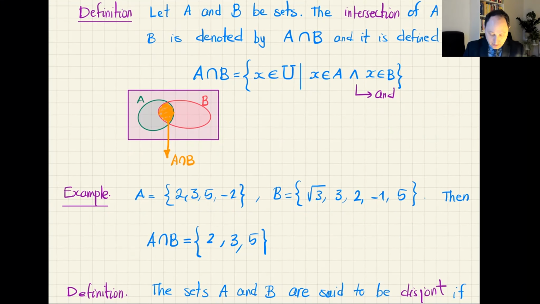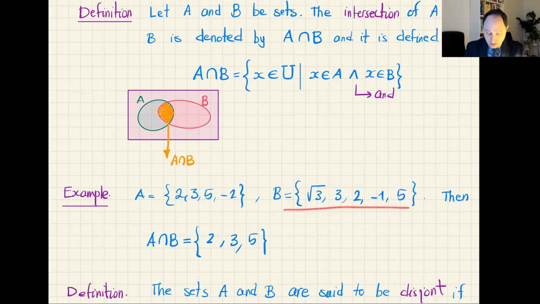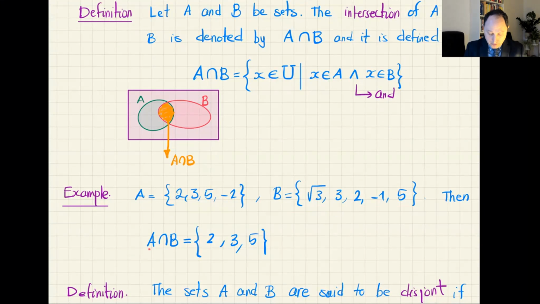Then I gave you some simple examples. For example, this is my set A and this is my set B, and I'm supposed to find the intersection of A with B. It means that I need to go and find the elements which are in common between these two sets.